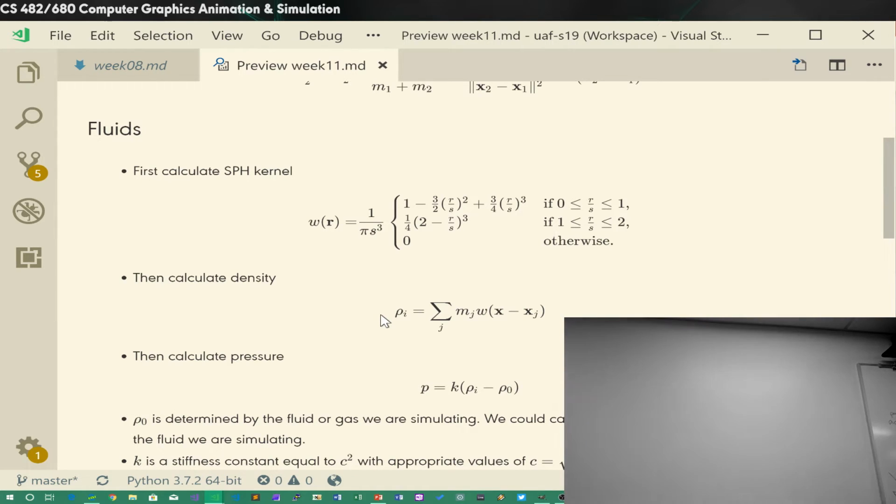Just for reference, I'll put this picture over here. This is particle I, and these other particles, we'll put this as the radius of the kernel. So this particle, I'll call this one K, and we'll call one of these particles J. Okay, so particle K, theoretically, what should happen to particle K?